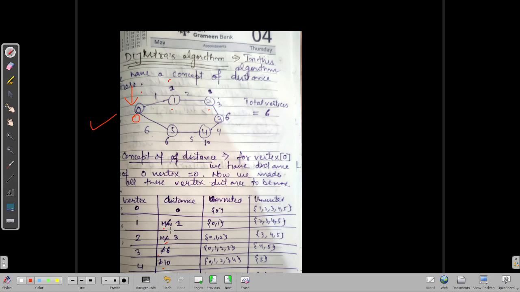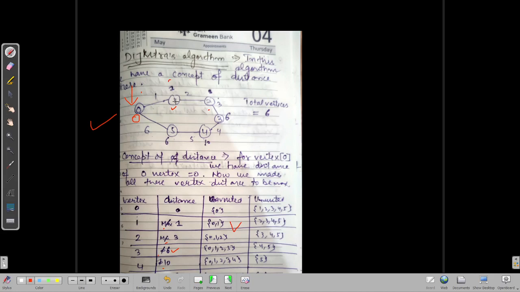So we can say that 1 is the minimum distance. So we update this to 1, right? And as you can see, from 0 to 5 we have a distance of 6. Okay, so we can update this as well. Now we are reaching 1, and 1 is visited, and the remaining nodes which are not visited till now are 2, 3, 4, 5.